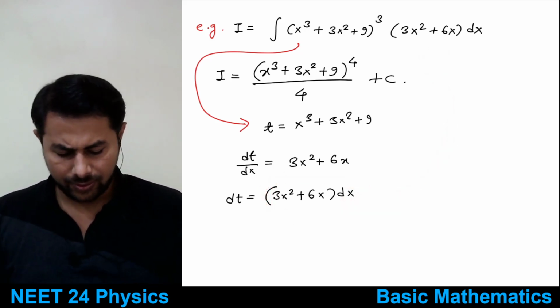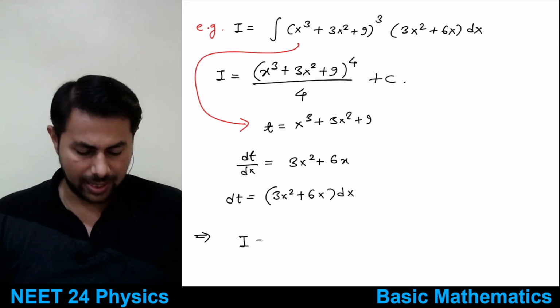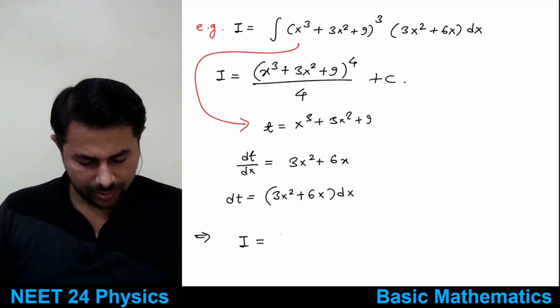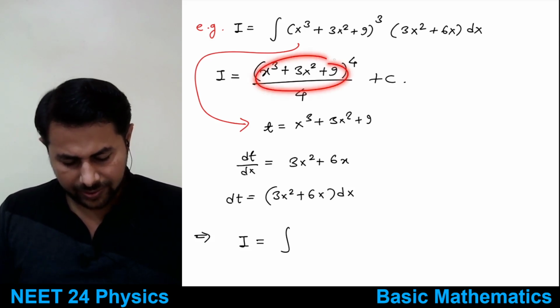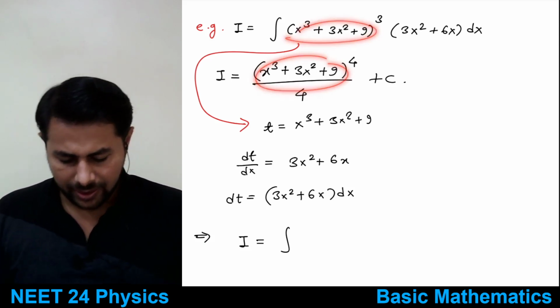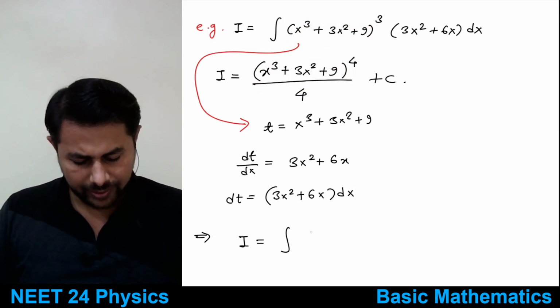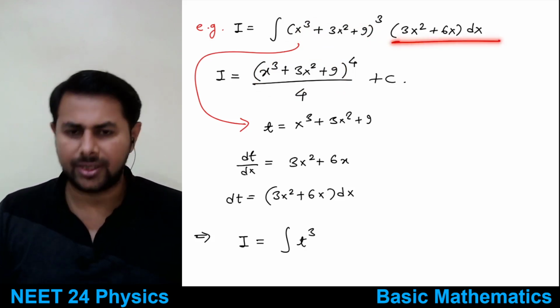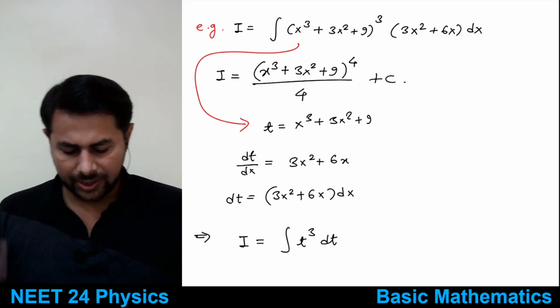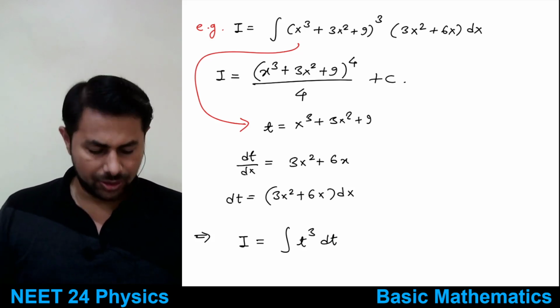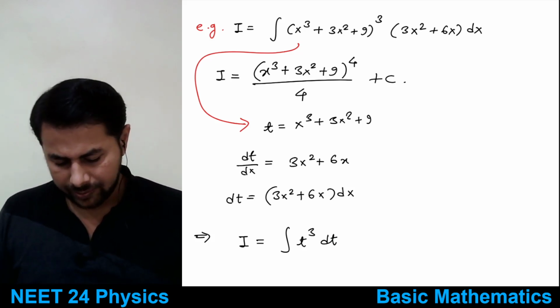So what is your integration then? I is equal to just integration of, this bracket is t, same bracket, this bracket is t. So it is t cube, and this whole thing is dt, t cube dt. Then you know what is integration of t cube dt, right?